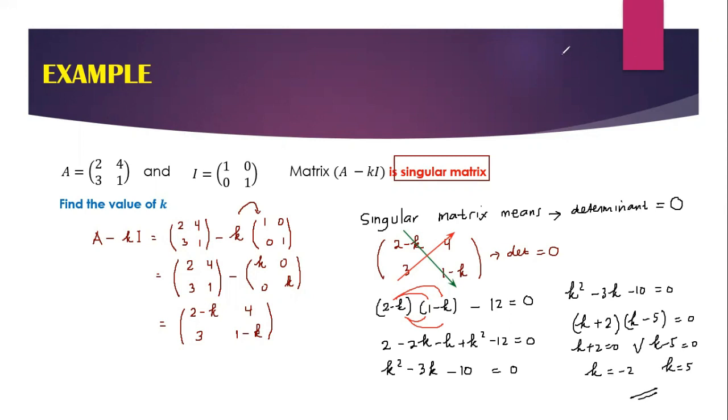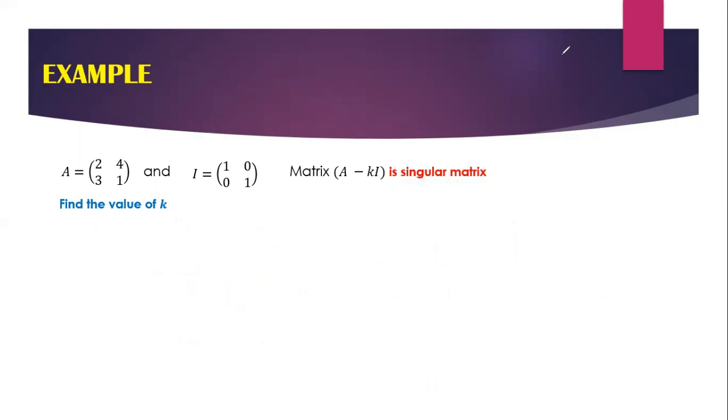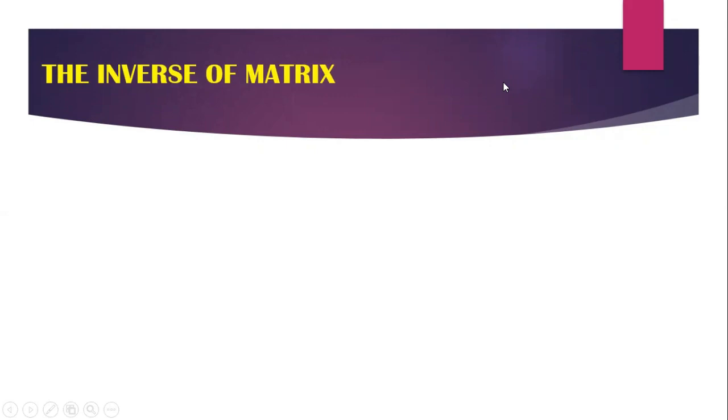Okay, next. The inverse of matrix. The inverse of matrix A is A to the power minus 1.